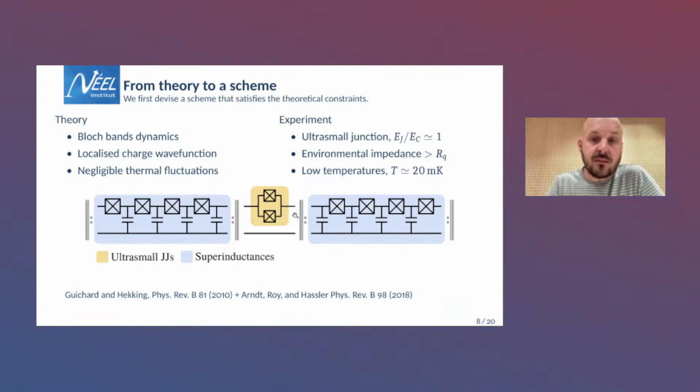Our device is made of a small Josephson junction, so a small EJ over EC ratio. We used a SQUID geometry, so it's flux tunable. And then on the left and on the right, we used very long arrays of large Josephson junctions, which can be seen as inductors with capacitances to ground.